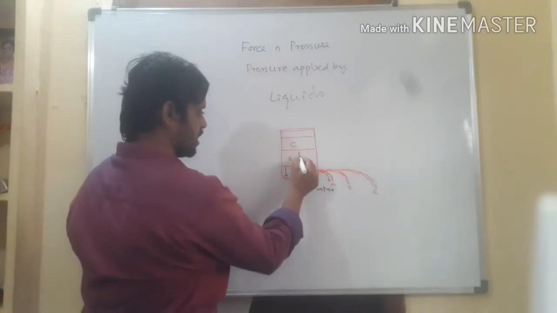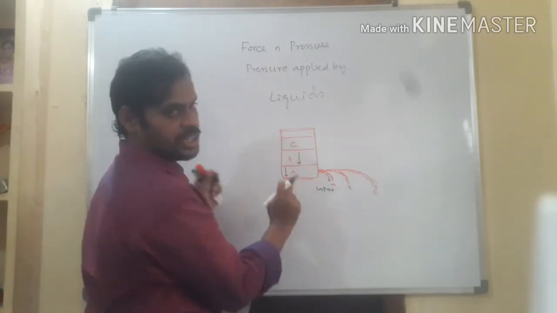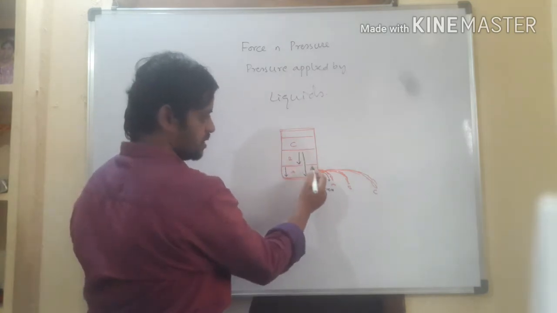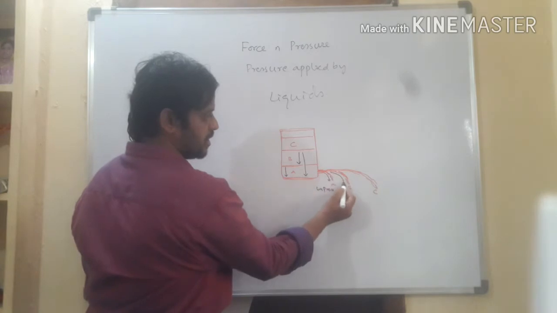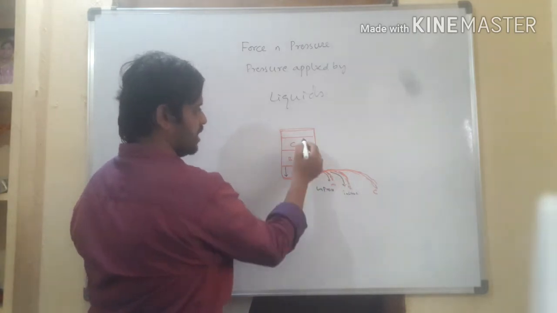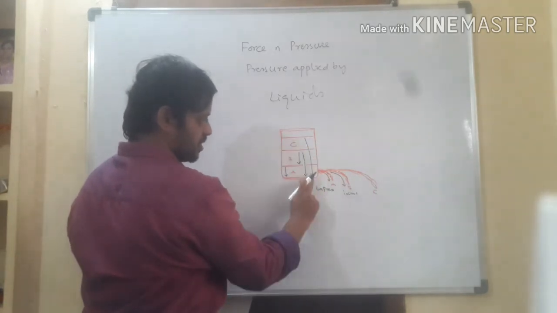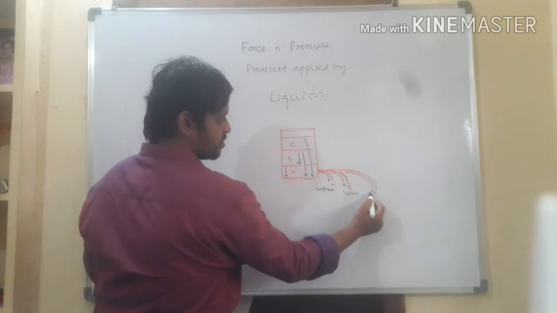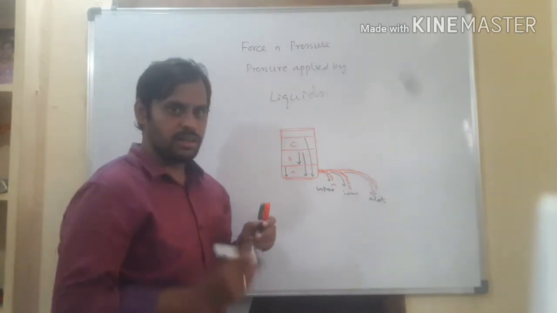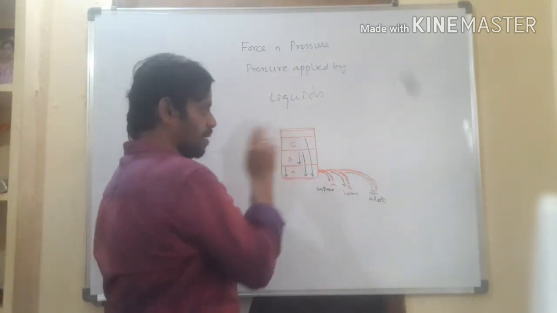Whereas when you increase the water, the depth or weight of the water increases, so automatically the pressure increases. And finally, when you add some more water, the depth increases so much that the pressure also increases a lot. It means liquids are able to apply pressure.